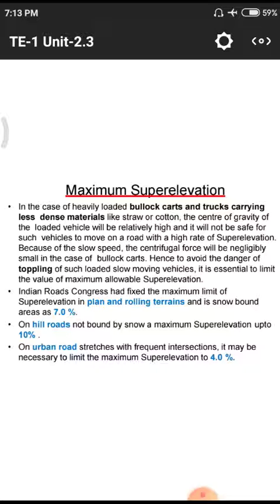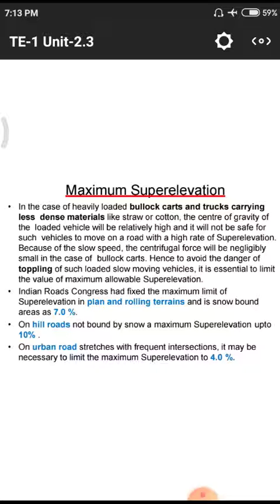Sometimes we carry huge amounts of building materials like steel, cement and other utilities from industries to the nearby construction sites, so these are heavily loaded vehicles.